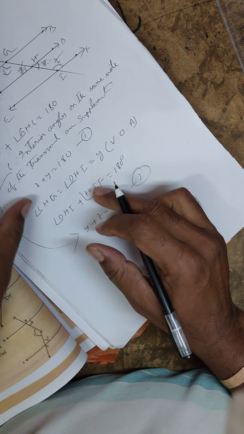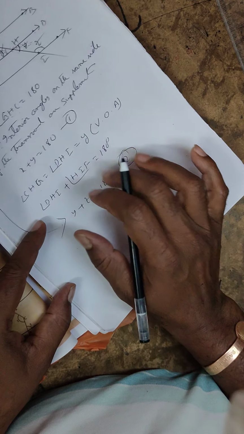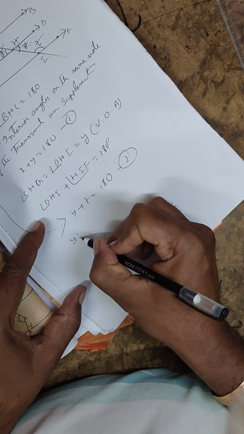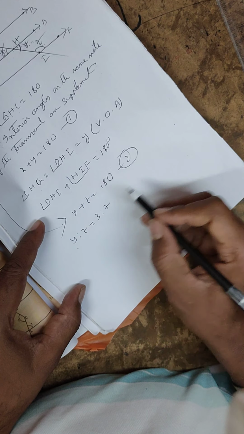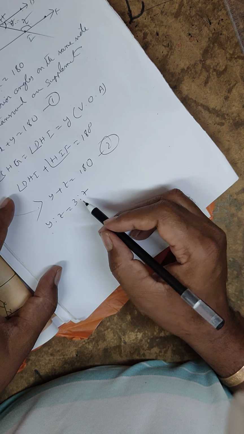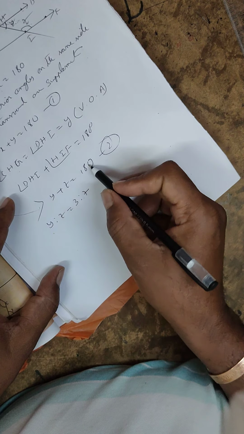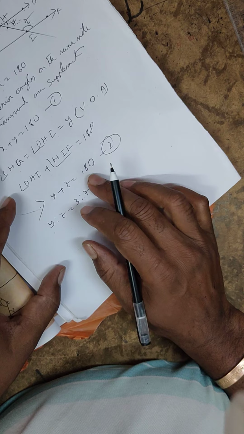X plus y is equal to 180. Y plus z is equal to 180. We got two equations. Now what they have given here is y is to z is equal to 3 is to 7. Ratio given, sum given. These are all 5th class Navodaya problems.